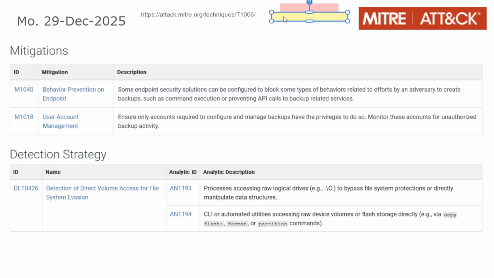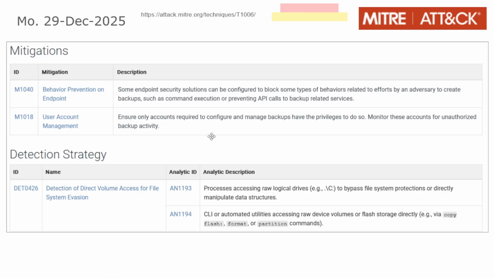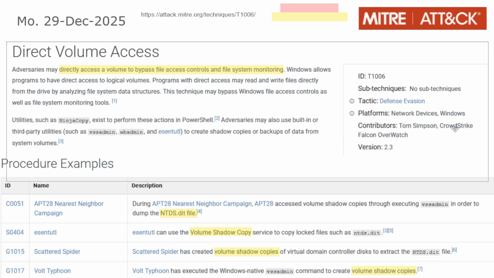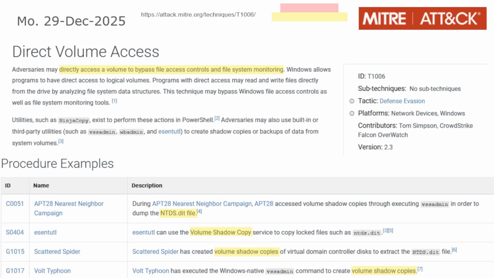So mitigations, behavior prevention and endpoint. So some endpoint security solutions can be configured, and they say some solutions, since this is CrowdStrike, I guess CrowdStrike is one of the solutions that can do that.